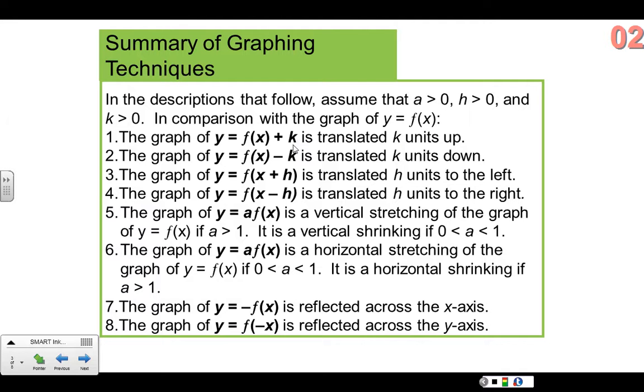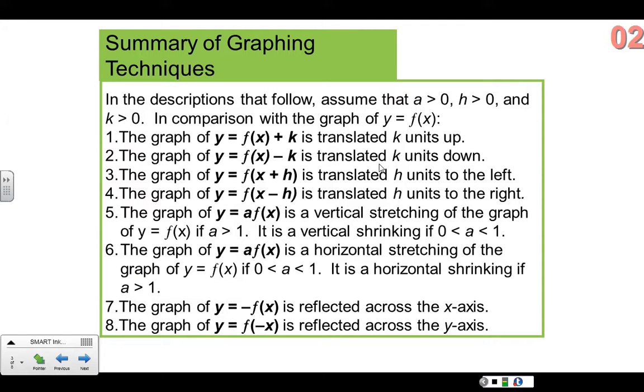If I just add a constant number to a function, it's going to move it up. If I subtract a constant number from a function, it's going to shift everything, or translate means to slide, it's going to shift it all down k units.